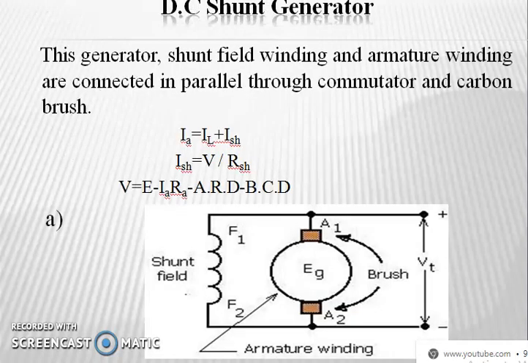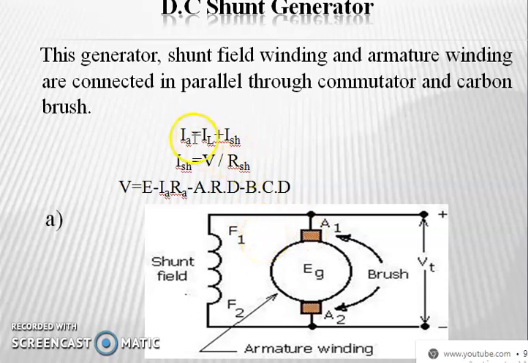In case of DC shunt generator, the field winding is connected across the armature terminals, that is, in parallel, as shown here. Here Ish is called the shunt current.